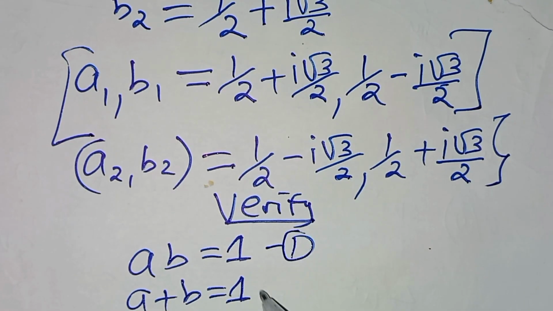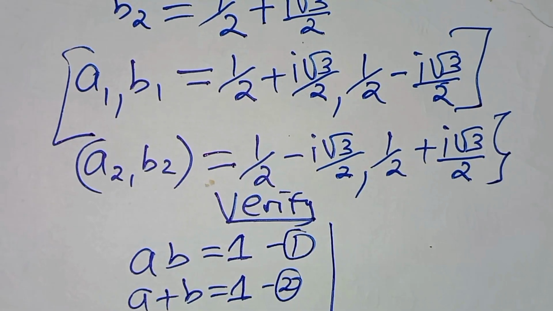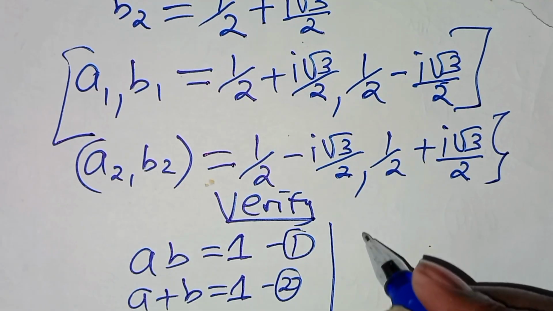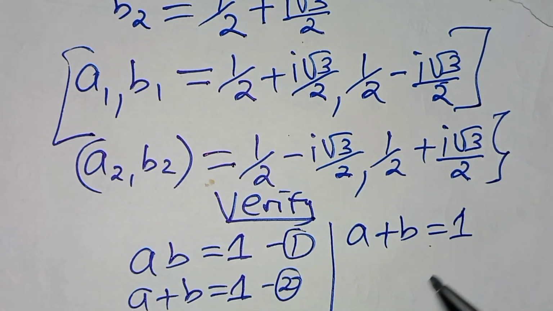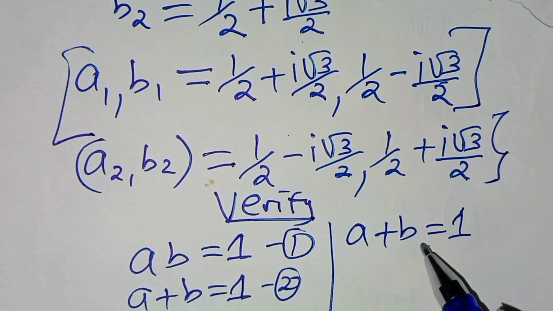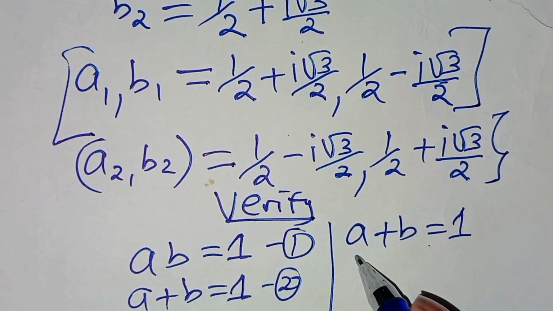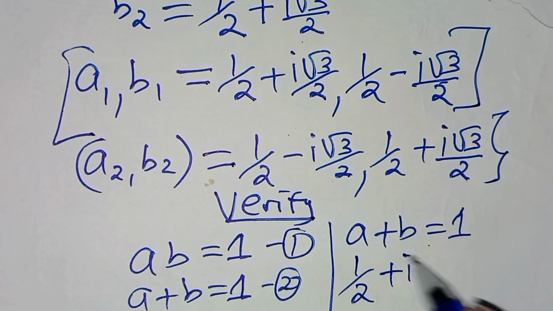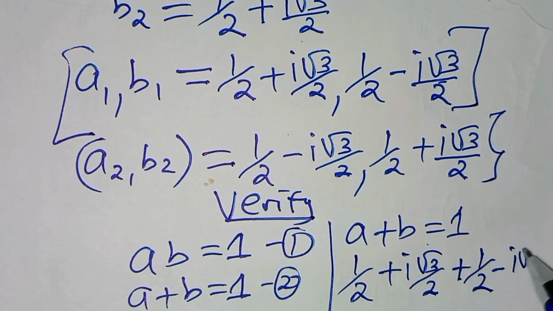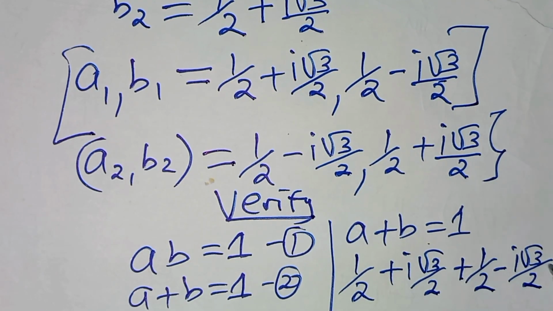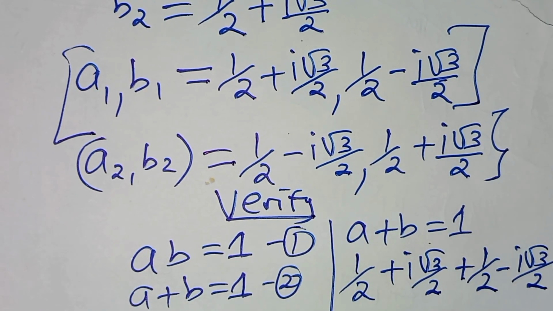So from equation 2, a plus b is equal to 1. Let's substitute the values of a1 and b1. a1 is half plus i square root of 3 divided by 2, plus b1. b1 is actually a half subtract i square root of 3 divided by 2. This should give us a value of 1.